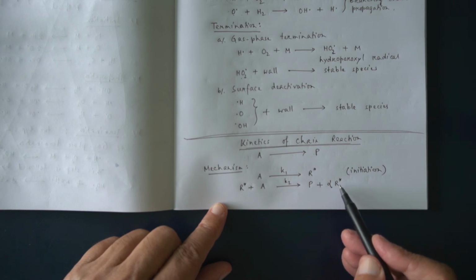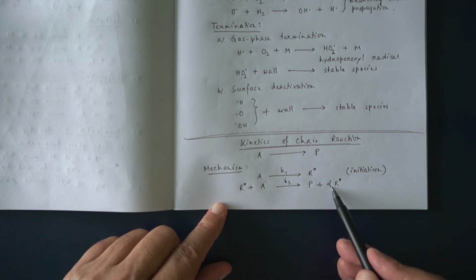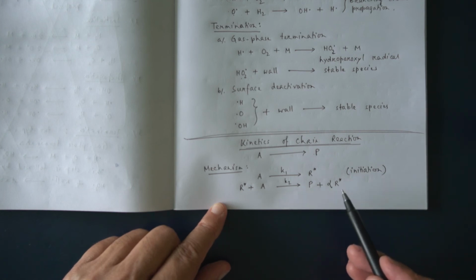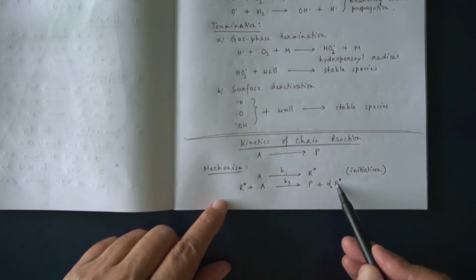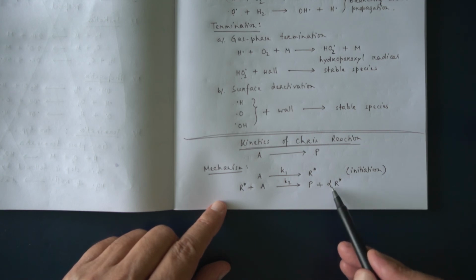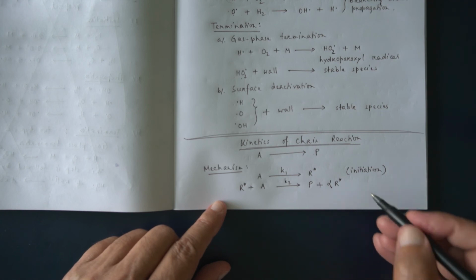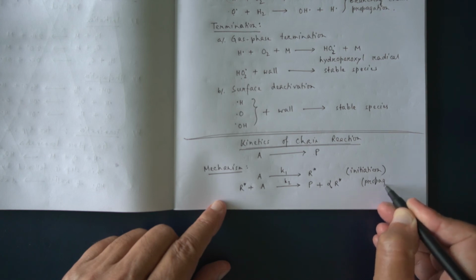Then this will be non-branching chain reaction. But if alpha is greater than 1, say 2, 3 like that, then one chain carrier is destroyed and more than one chain carrier is formed. Then this will be branching chain reaction. And this is propagation step.